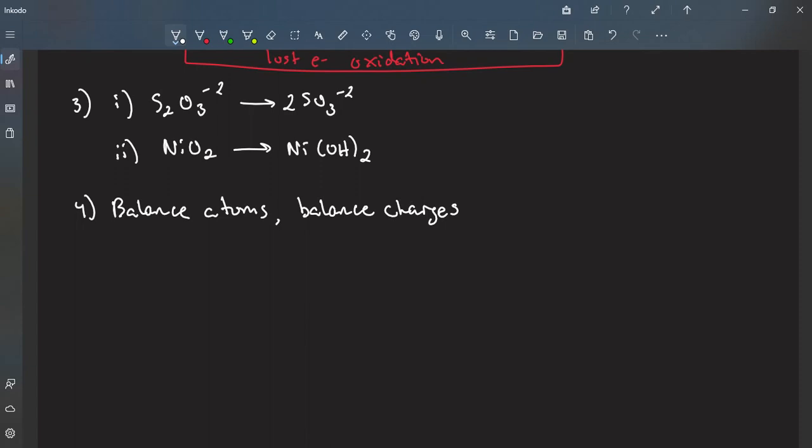Okay, so let's do oxygen first. For our first reaction, I'm going to refer to this part up here. We have 3 oxygens on the left, and we have 6 on the right because of the coefficient here, 2 times 3 is 6. So we're going to add 3 waters.